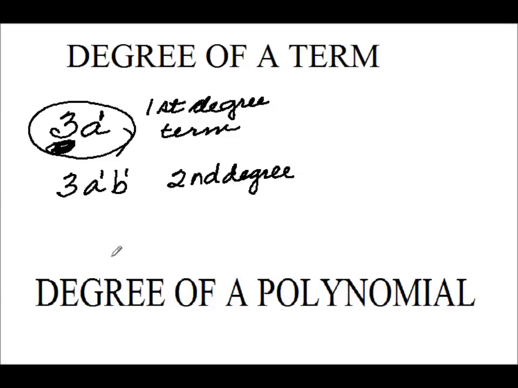Let's see how good you are at guessing. What if I said 3ab squared? This is an understood 1. How bad is it? Well, 1 plus 2. This is a third degree term.